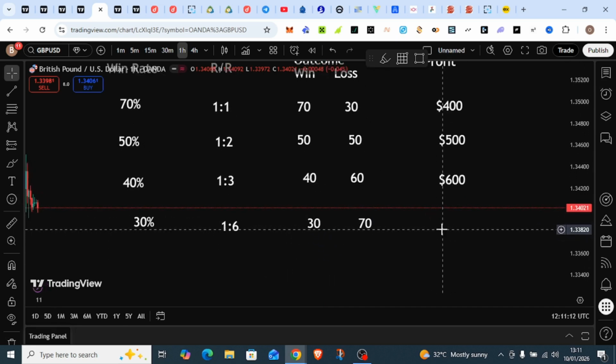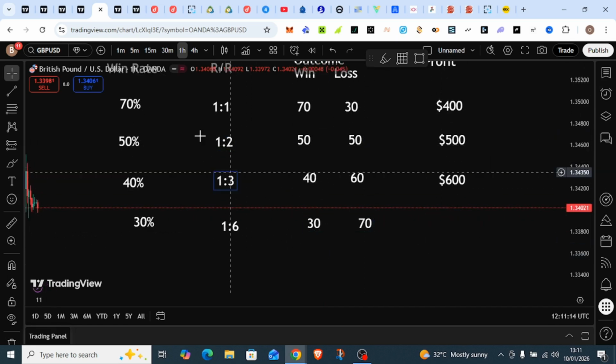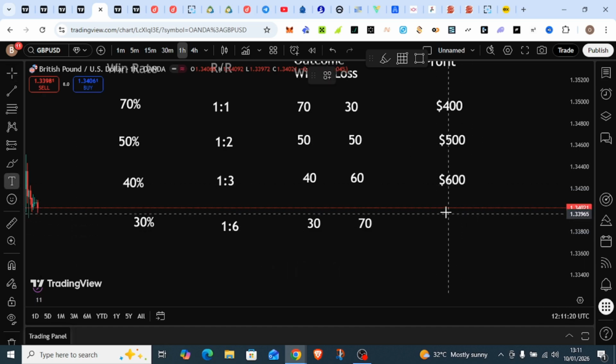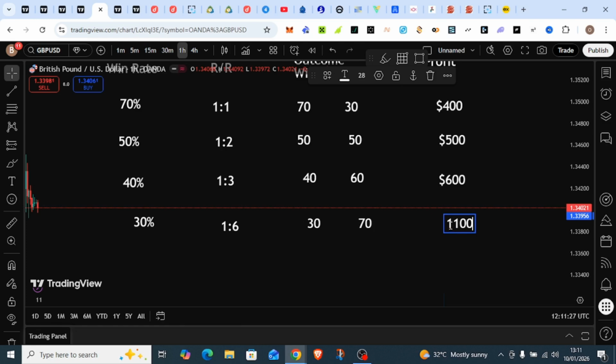Following the same steps we used in the previous examples, our final profit is going to be $1,100.